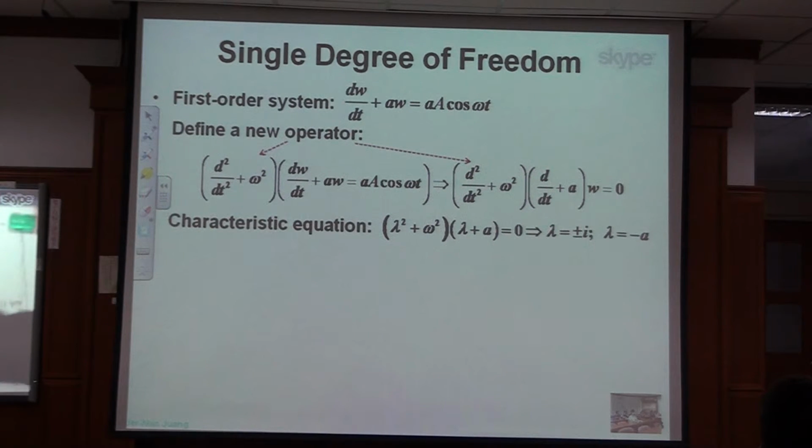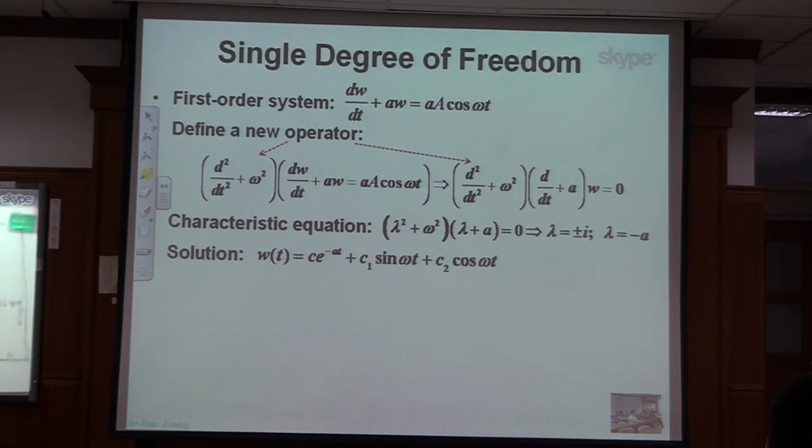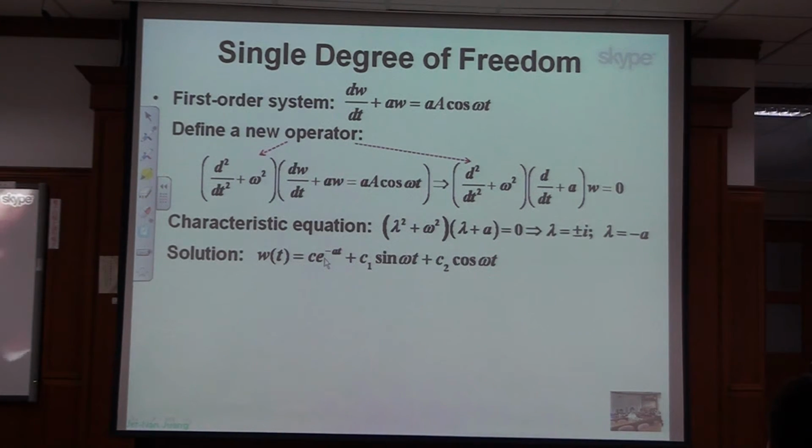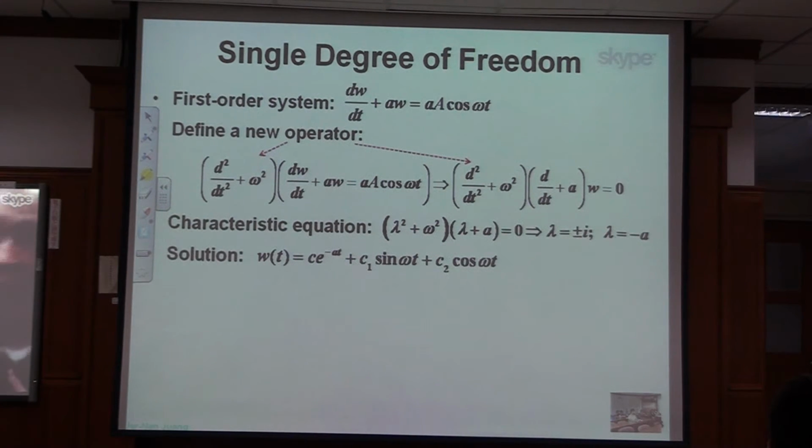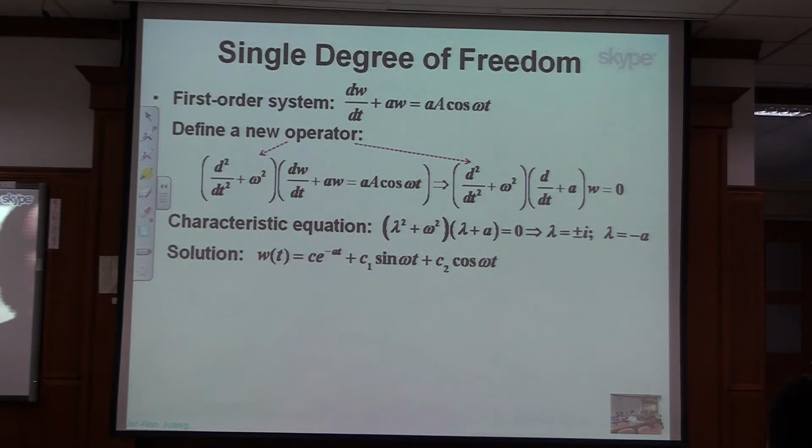This is another way to solve differential equations. Now, what do we mean by the characteristic equation? The solution is this. If you look carefully at these equations, this equation includes the homogeneous solution and particular solution in just one form.